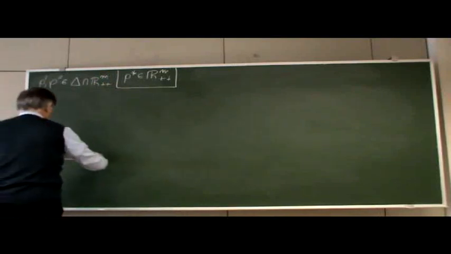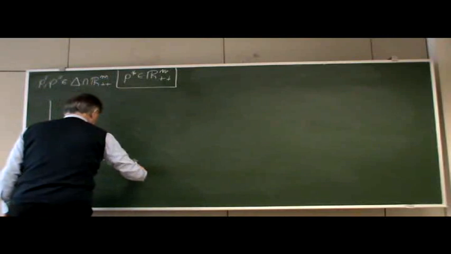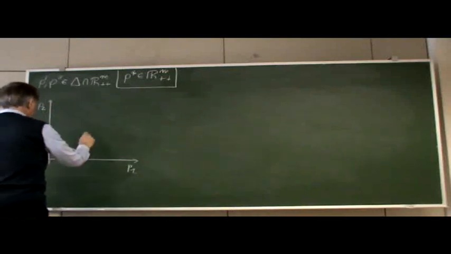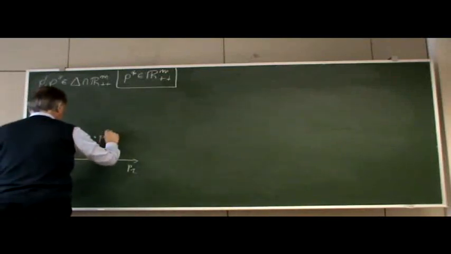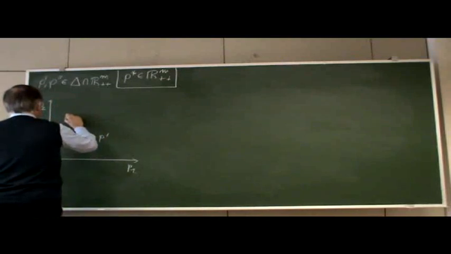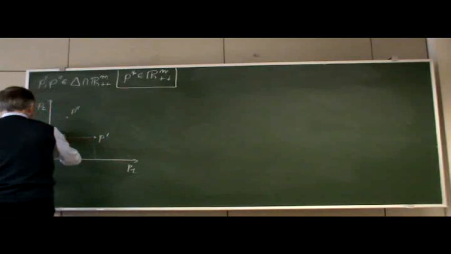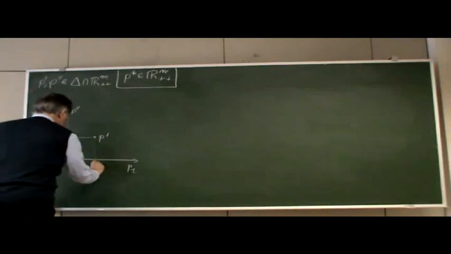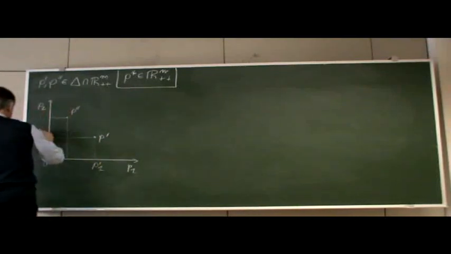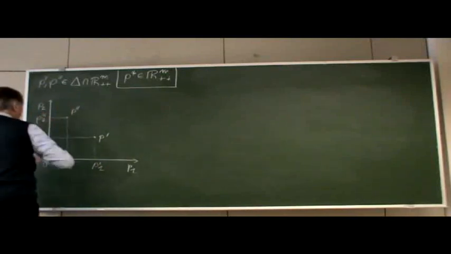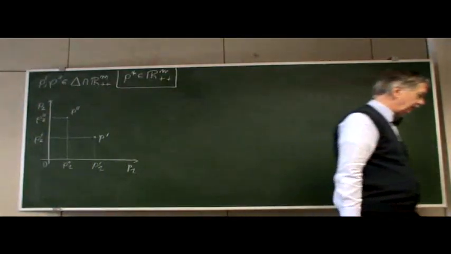For example, in the case of two goods, you have P prime here and P double prime. These are our two price systems.